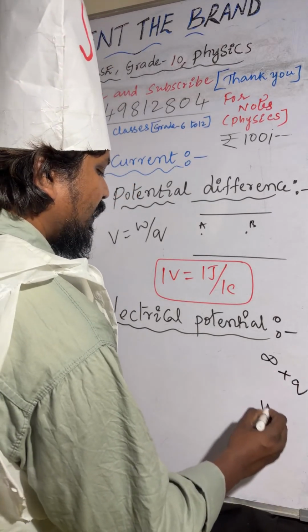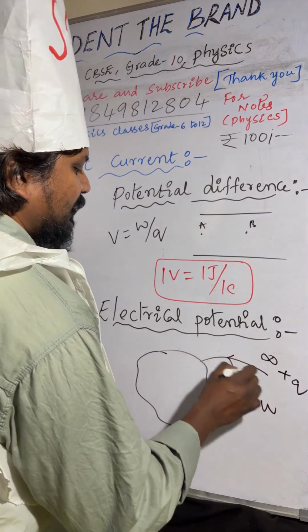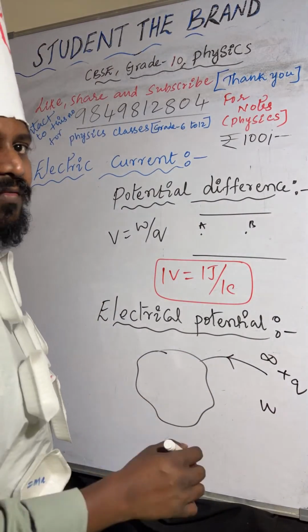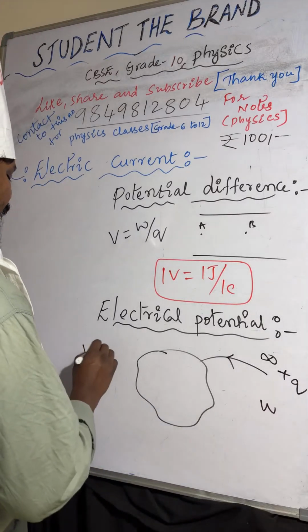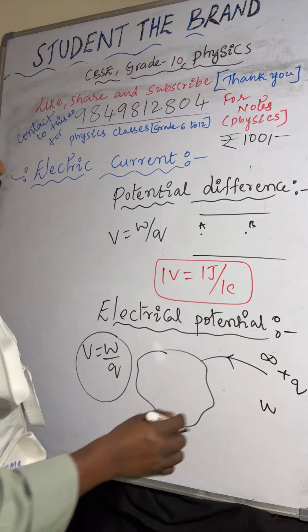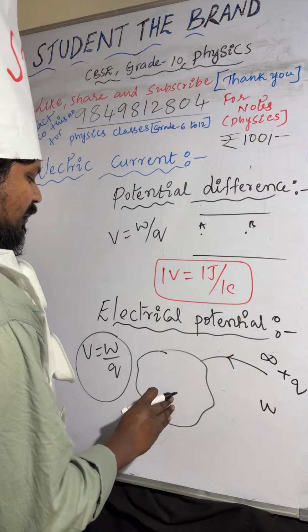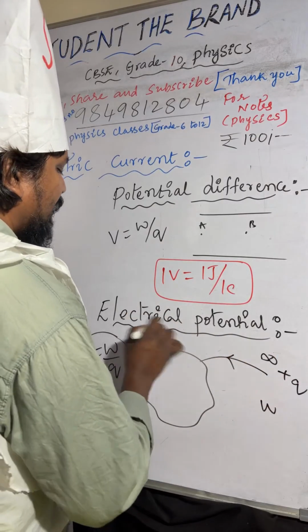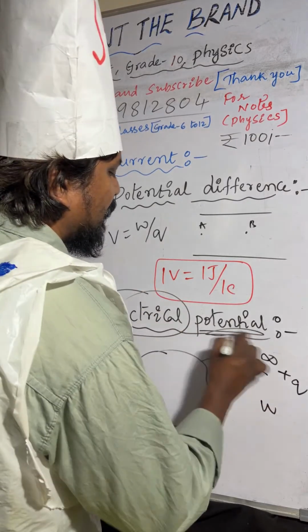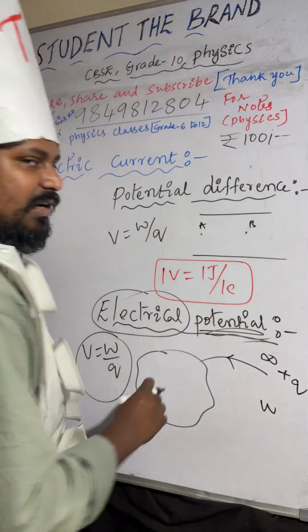We are doing some work to bring unit positive charge from infinity to the required field. That is called electrical potential. You have to understand electrical potential: work done to bring unit positive charge from infinity to the required field.